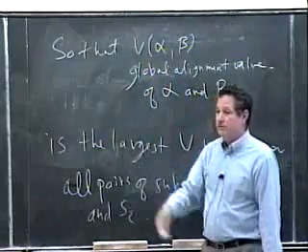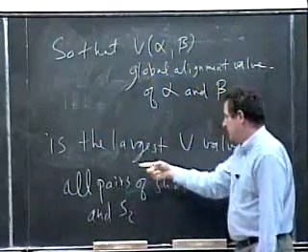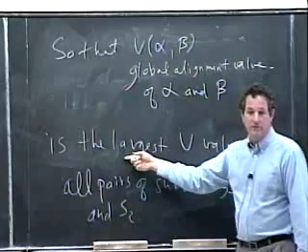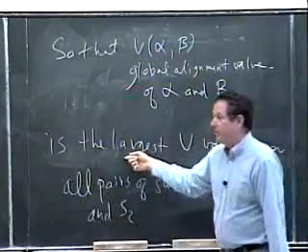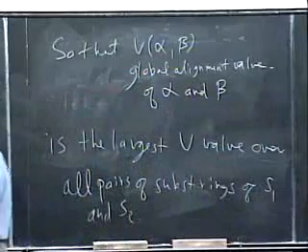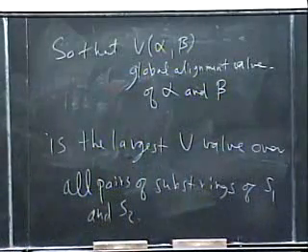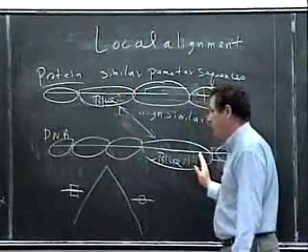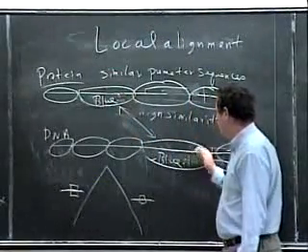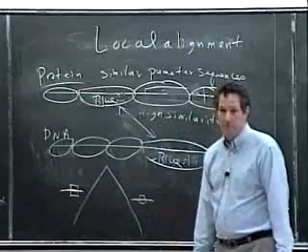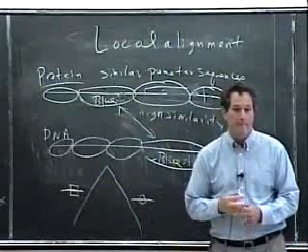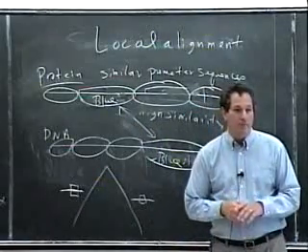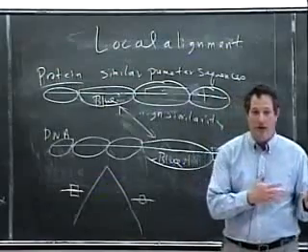And then for all of those, show me the one that has the largest V value. And that is what's considered the local alignment. That is considered the two regions of interest, one from S1 and one from S2. And of course, the global alignment of those two would then be displayed. Everybody with me? I know this is abstract.